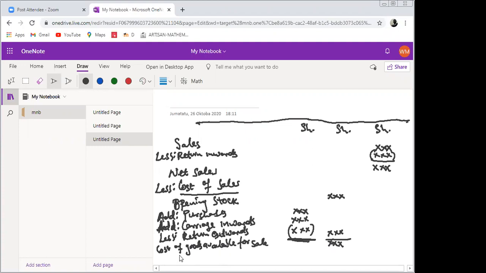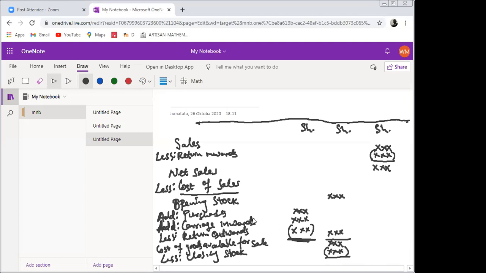Therefore, you are going to witness a scenario whereby you have what we call closing stock, which you normally subtract here, like that. So what was available for sale minus what was not sold will give you the cost of what was sold.